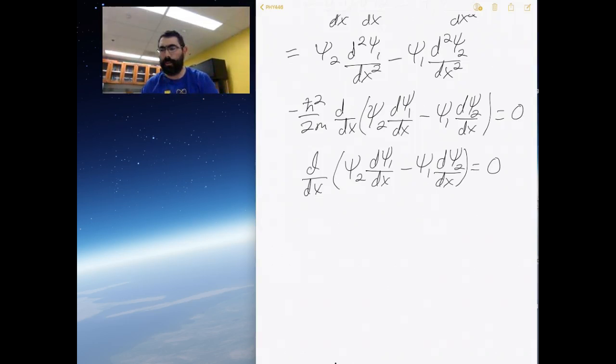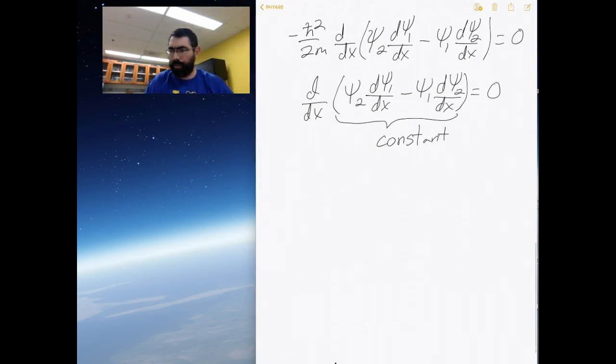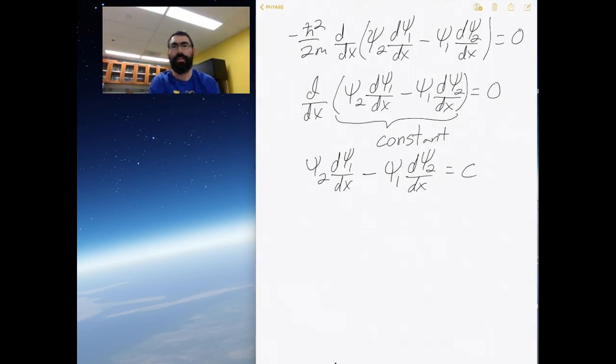Now what that means is that everything in here now is a constant. Okay, so if that's the case, then I can rewrite this as psi 2 derivative of psi 1 minus psi 1 derivative of psi 2 is equal to c, which is my constant.